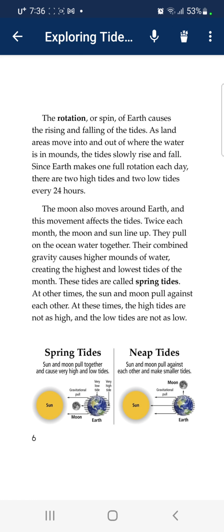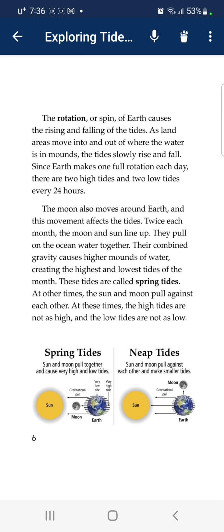Since Earth makes one full rotation each day, there are two high tides and two low tides every 24 hours.